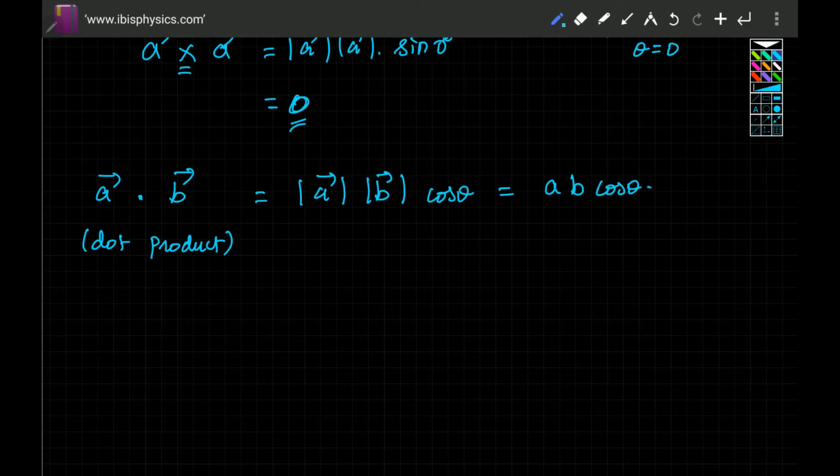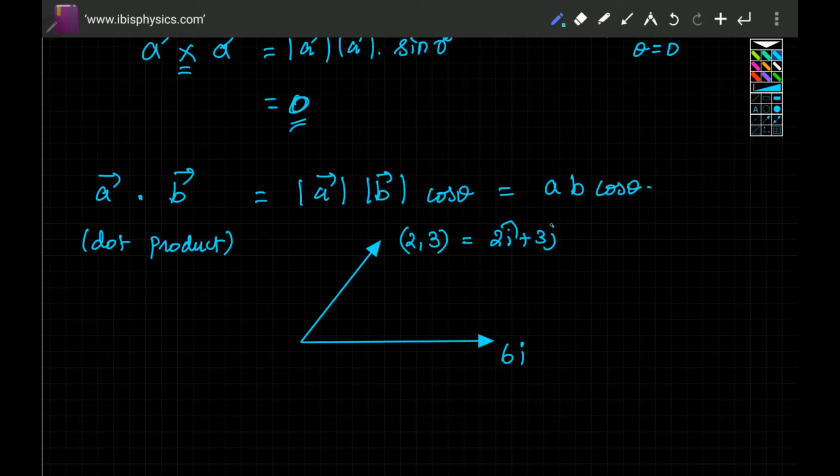So how does that work? Suppose you have A vector this way and B vector this way. Let us say this A vector has a value 6 along the x-axis. This B vector is, say, (2, 3) in coordinates, so it can be written as 2i cap plus 3j cap.